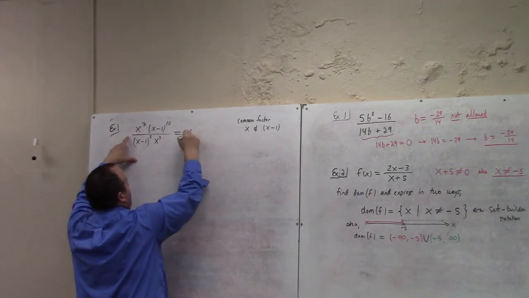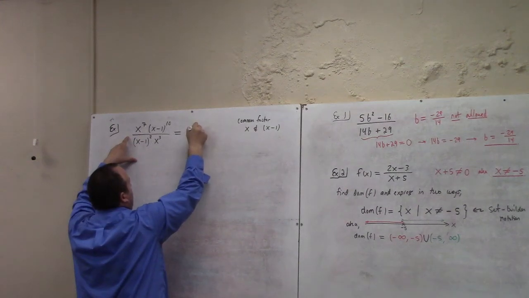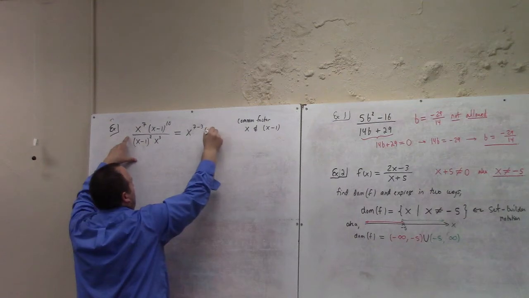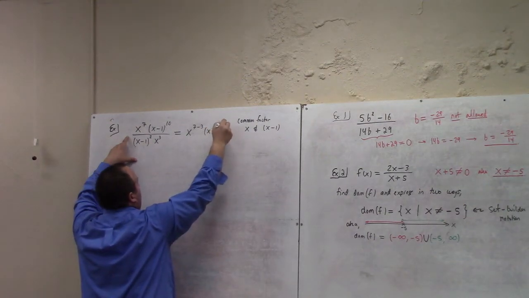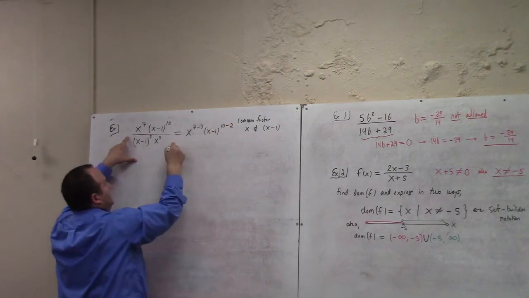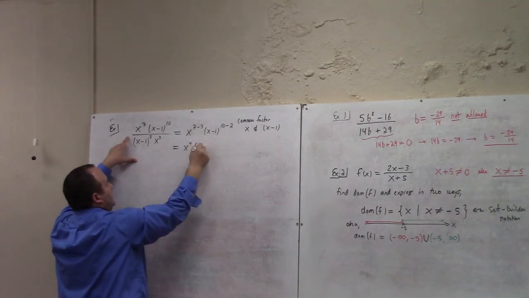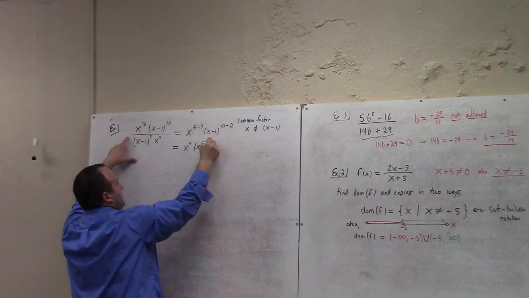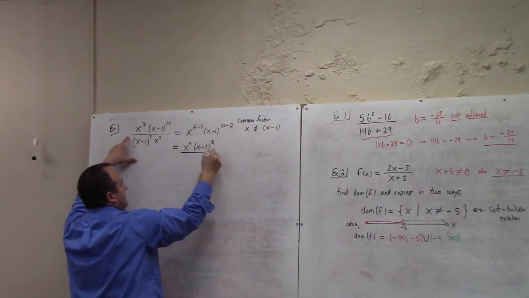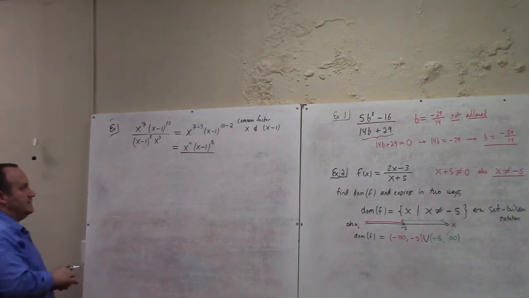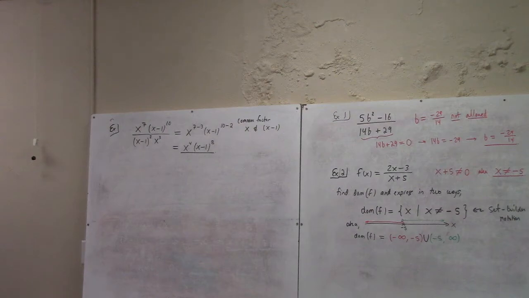So x to the 7 minus 3, times x minus 1 to the 10 minus 2. So this one, we'd have x to the 4th times x minus 1 to the 8th. So that would be a simplification of that rational expression.